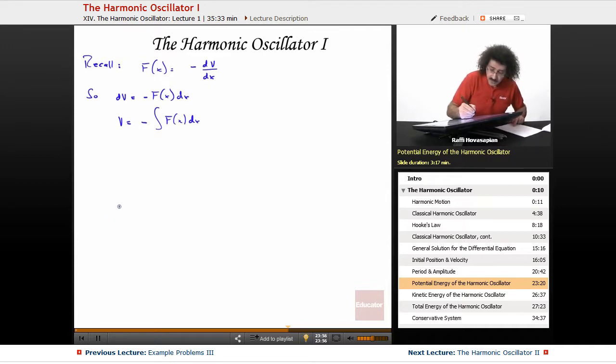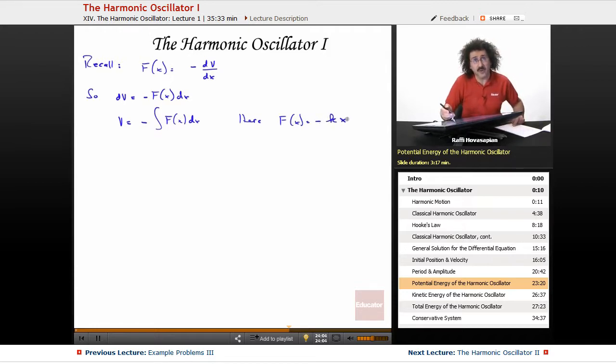Well, here, our f of x is equal to minus kx. That's Hooke's law. The force acting on the mass is directly proportional to the extent to which I pull that mass away from its equilibrium position.